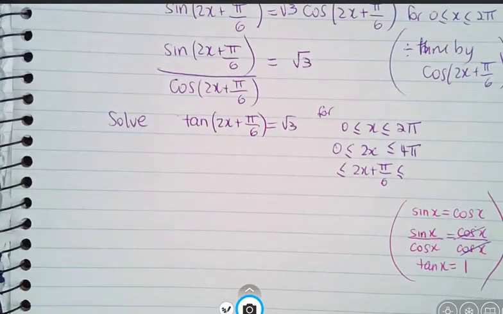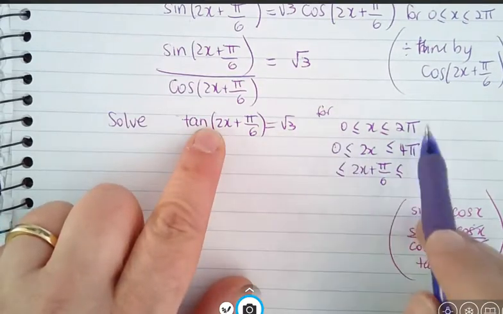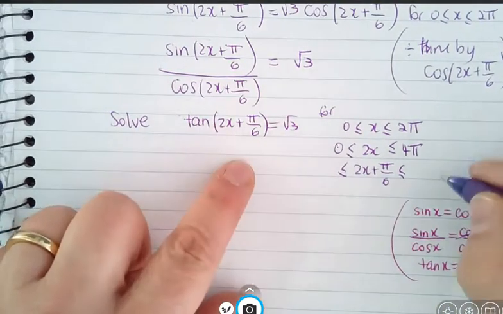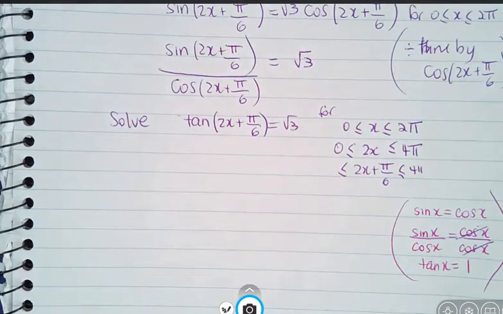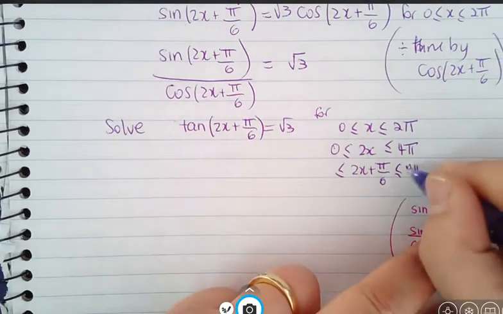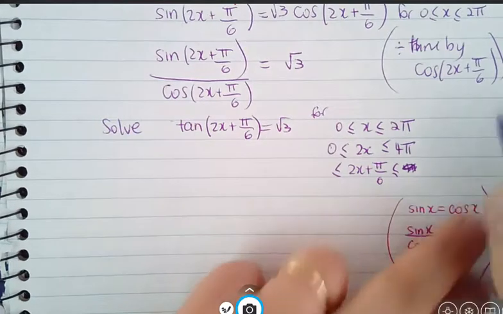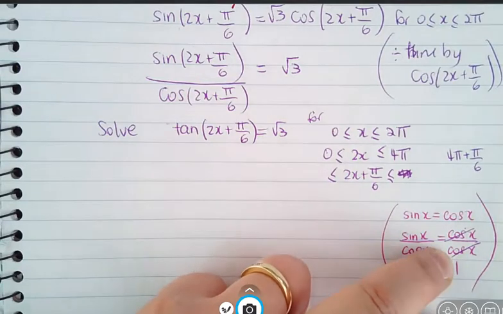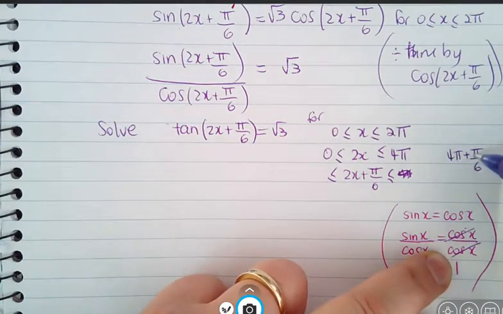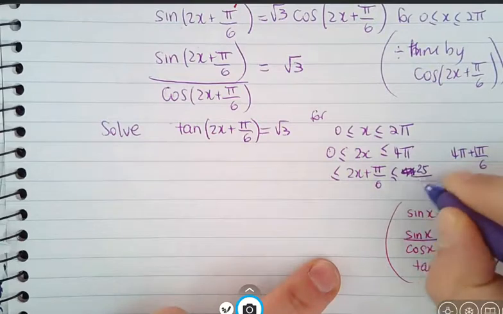They're asking you to solve this for the domain from 0 to 2 pi, but you have to adjust the domain. So I get 4 pi plus pi on 6, which is 4 and 1/6. What's the fraction 4 and 1/6? If you just ignore the pi's, you're really just doing 4 plus 1/6 as fractions. 4 and 1/6 is 25 on 6 pi.